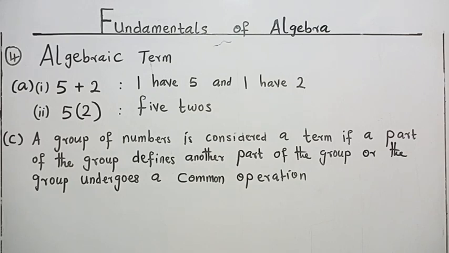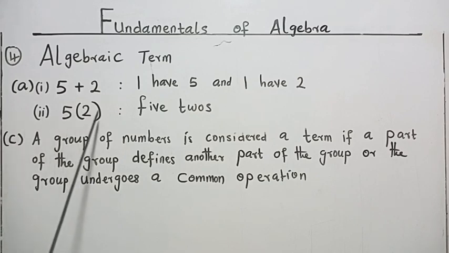One defines the other. The reason why this 5 is put here is just to tell us how many 2's that we have. Therefore, since 5 defines how many 2's, the two numbers, though put together, are simply interwoven. It means that one portion of this group, which is this 5, defines these 2. 5 2's means that you bring 2 into 5 times.